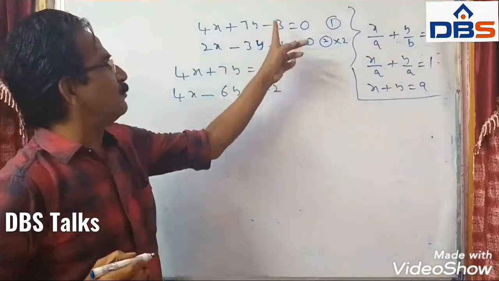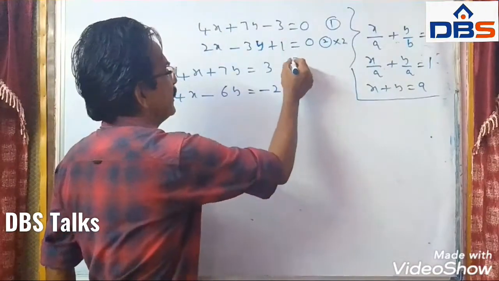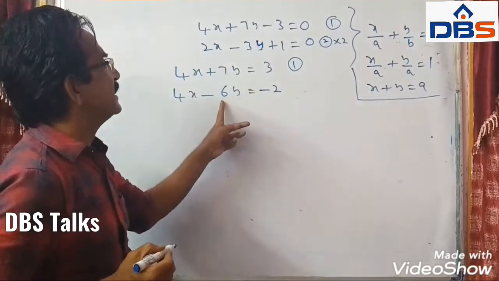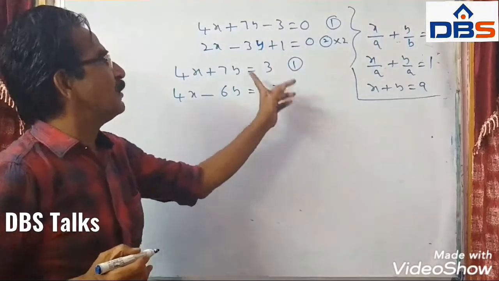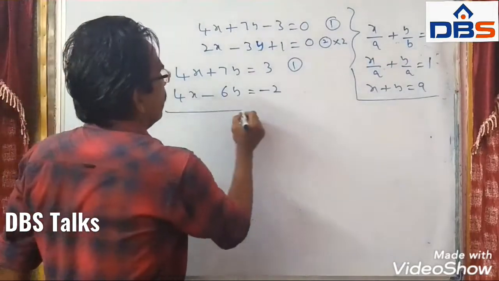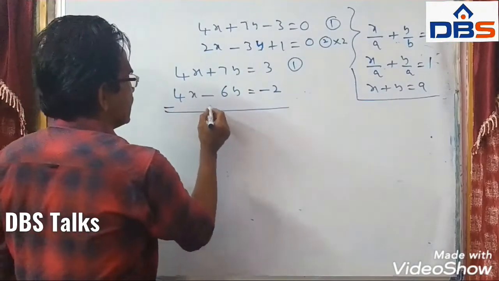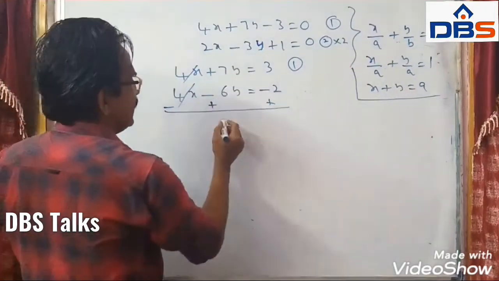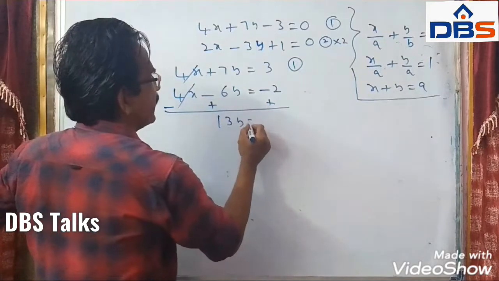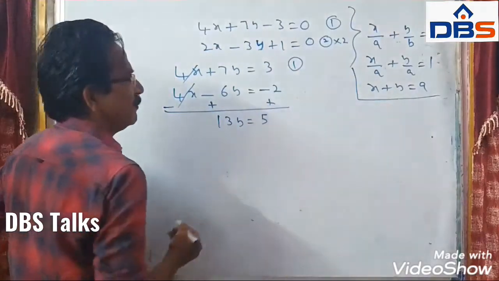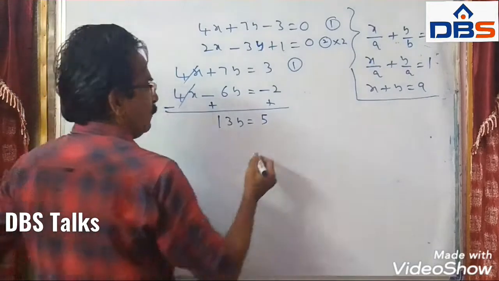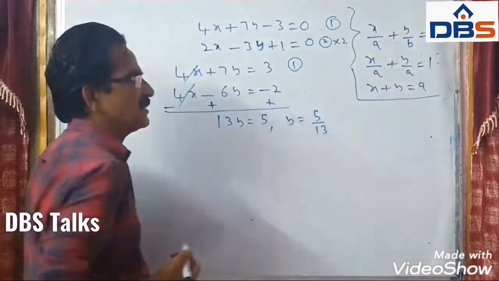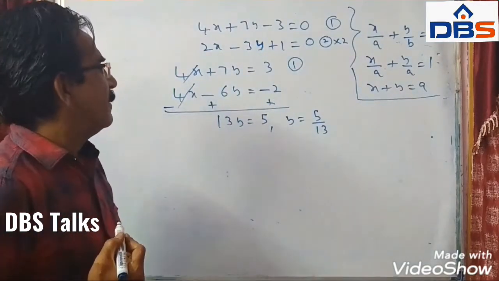Subtracting, the x term gets cancelled. 13y is equal to 5, and y is equal to 5 by 13.